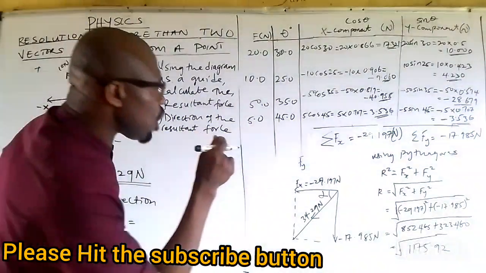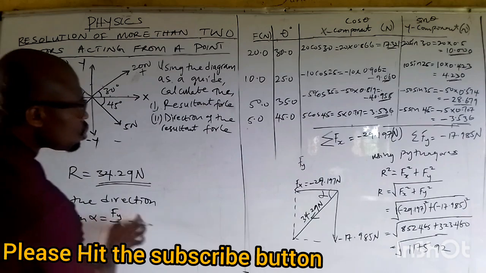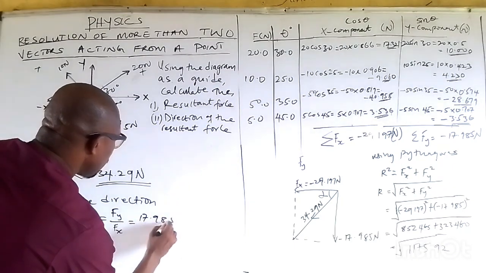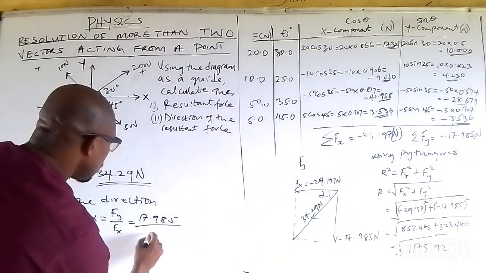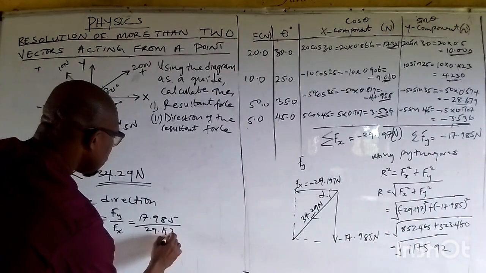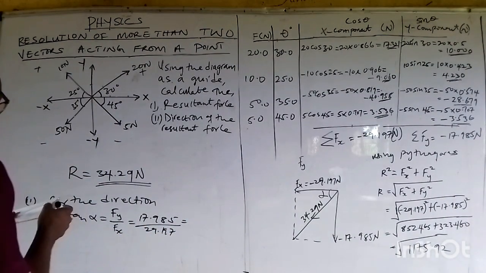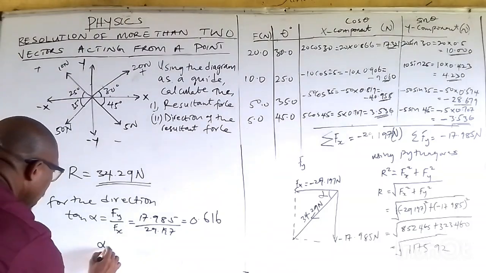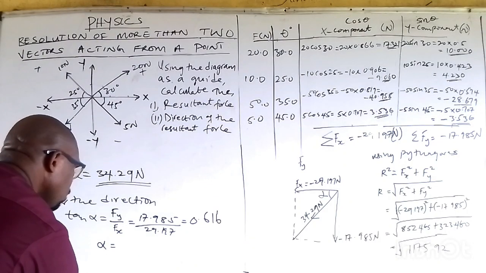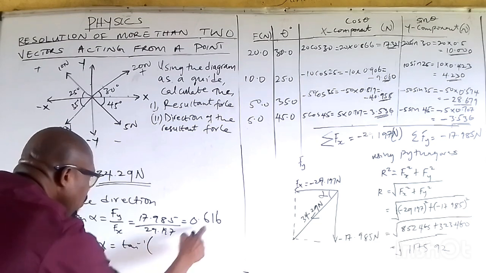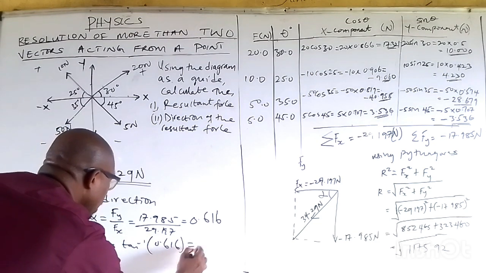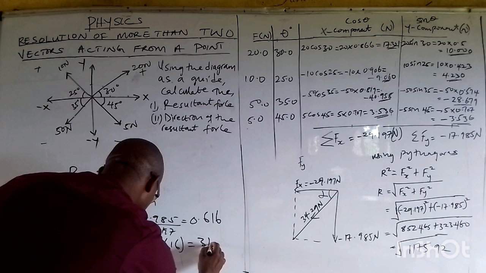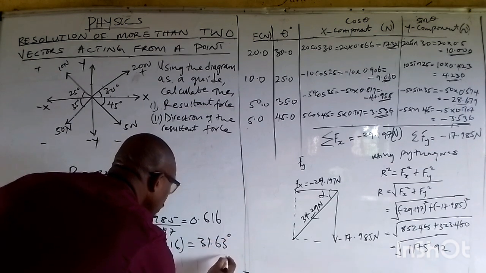Pick only the numerical values: 17.985 all over 29.197, which will give us 0.616. Alpha is equal to tan inverse of 0.616, which is 31.63 degrees.